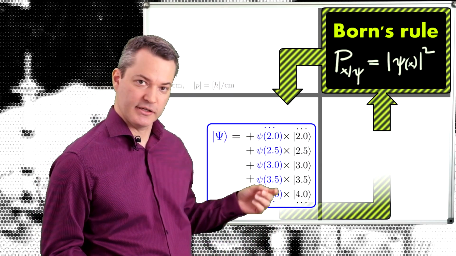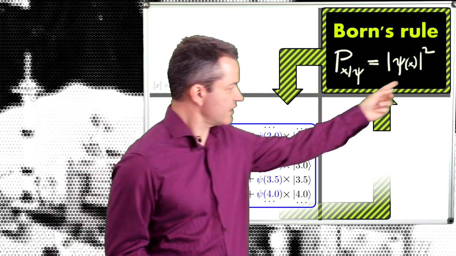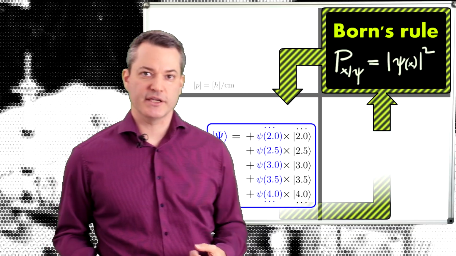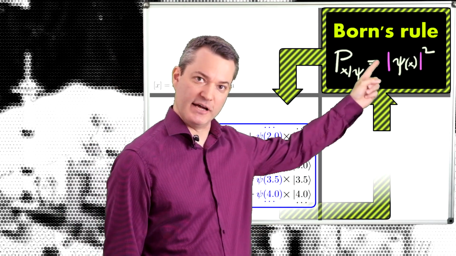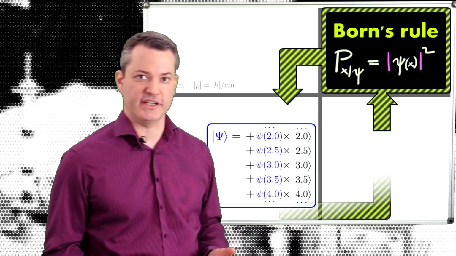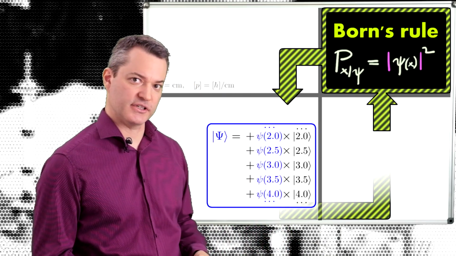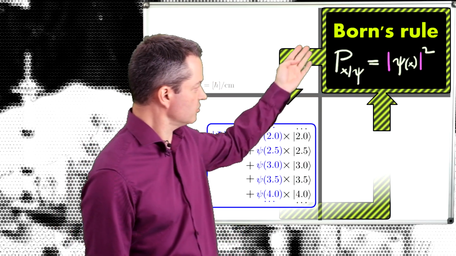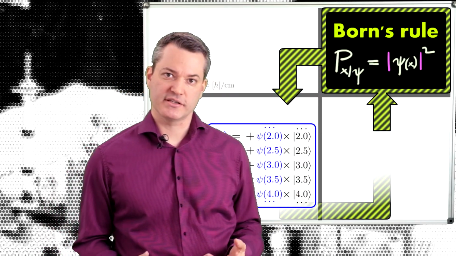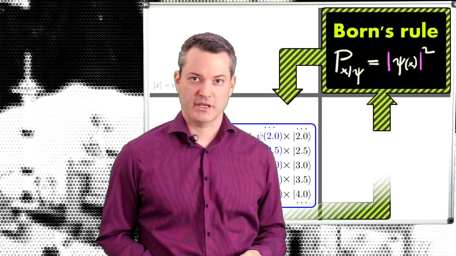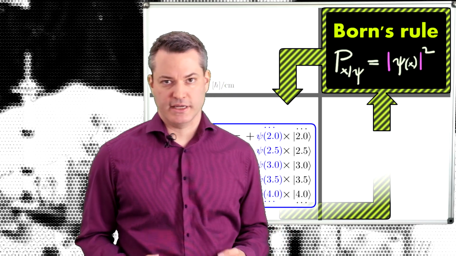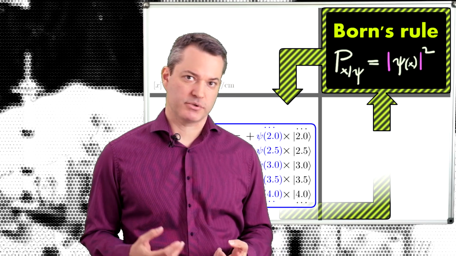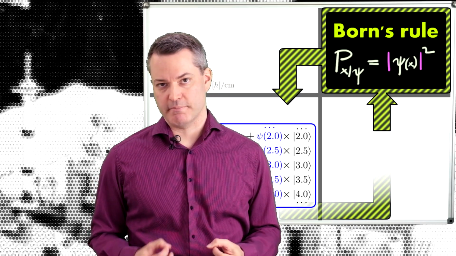This calculation of probabilities from complex amplitudes is one of the central innovations in quantum mechanics. Note that Born's rule cares only about the absolute value of the amplitude and ignores its complex phase. Since all physical predictions ultimately go through Born's rule, this means that the complex phases are in principle unobservable. We will soon see, however, that the complex phases do play a crucial role in calculating amplitudes and thereby probabilities with respect to complementary quantities.